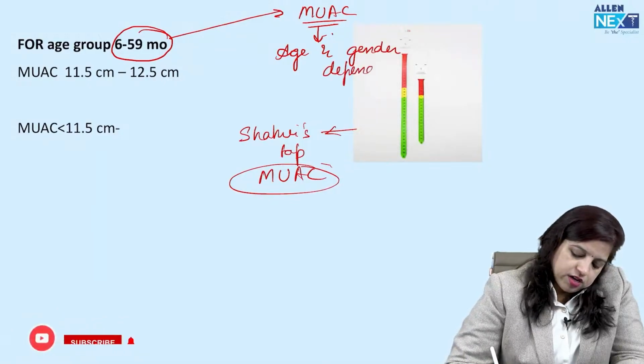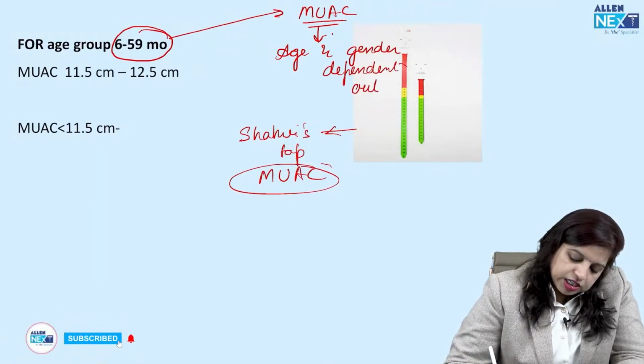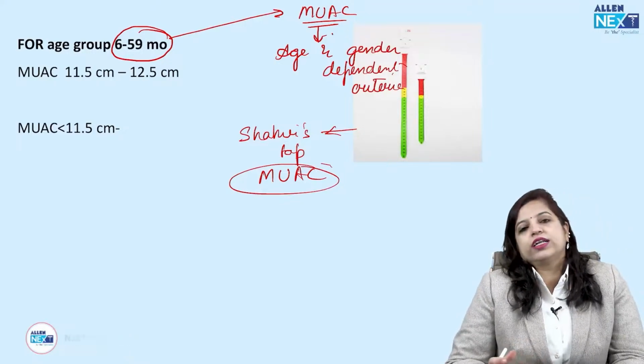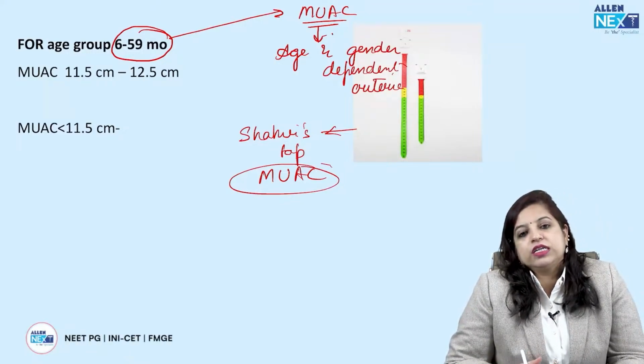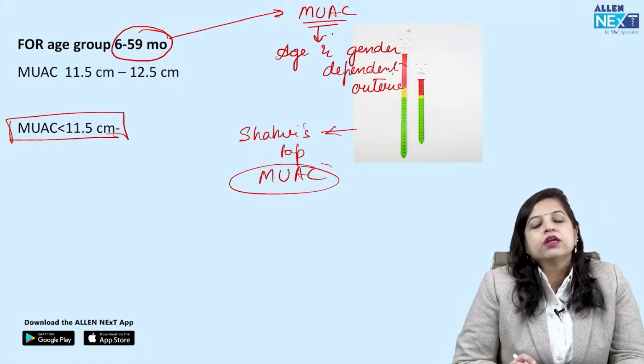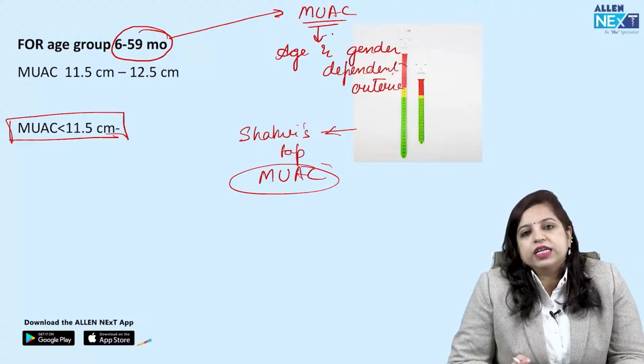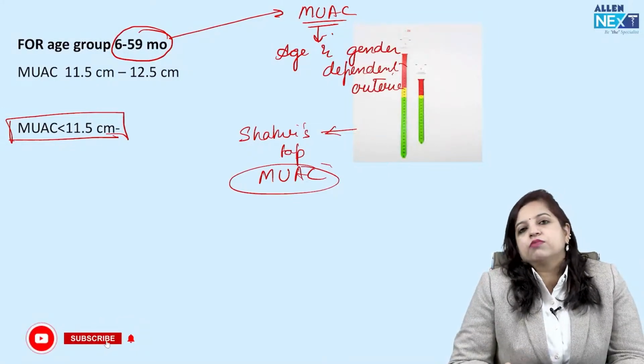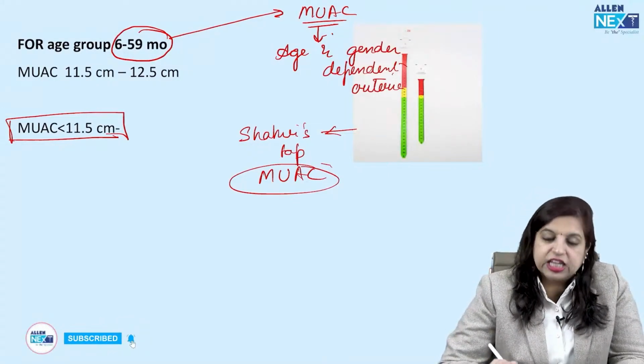gender-dependent criteria, right? But still we are continuing with our old usage that less than 11.5 centimeter is still severe wasting. That's what I'm going to tell you right now. But please remember that nowadays, as per the latest guidelines, mid-upper arm circumference is no longer age independent.